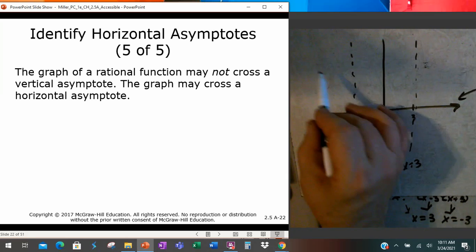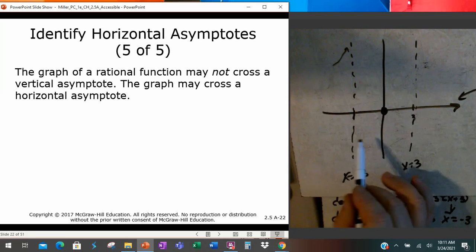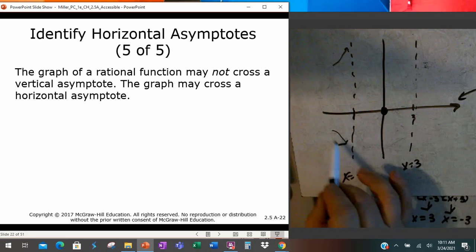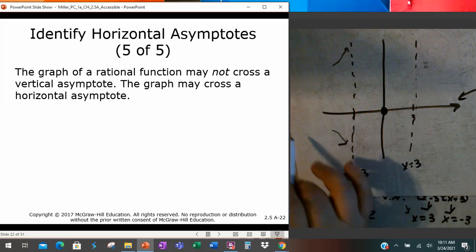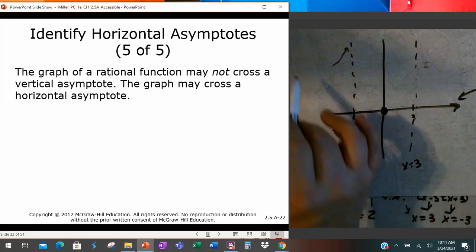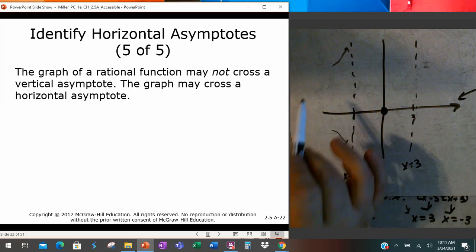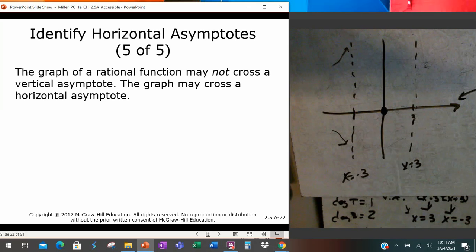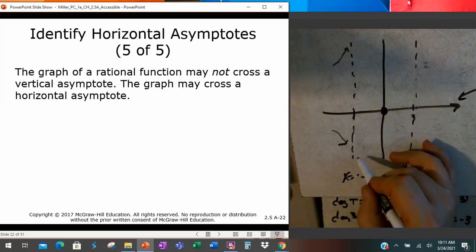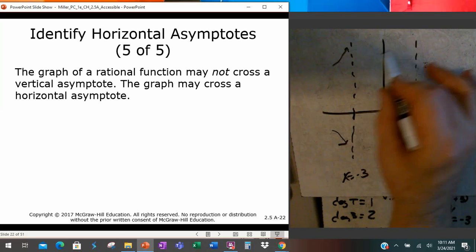I know that this thing either blows up here, or blows up from down there. I don't have any x-intercepts over here, so I can't start and cross. There is no other x-intercept, so I've either got to be here and blow up, or up here and blow up. Okay, from here, I can do this or this.